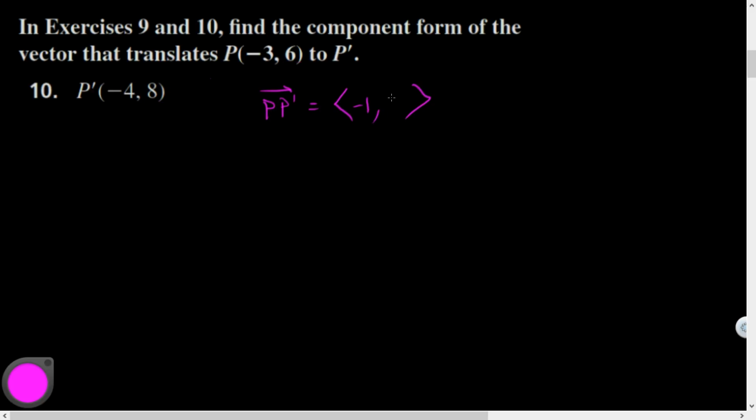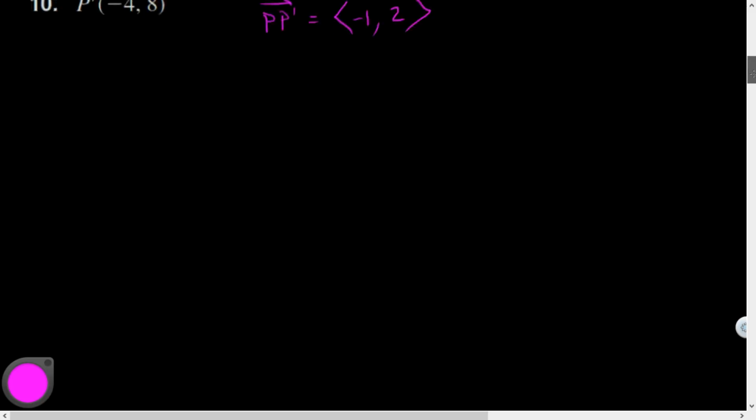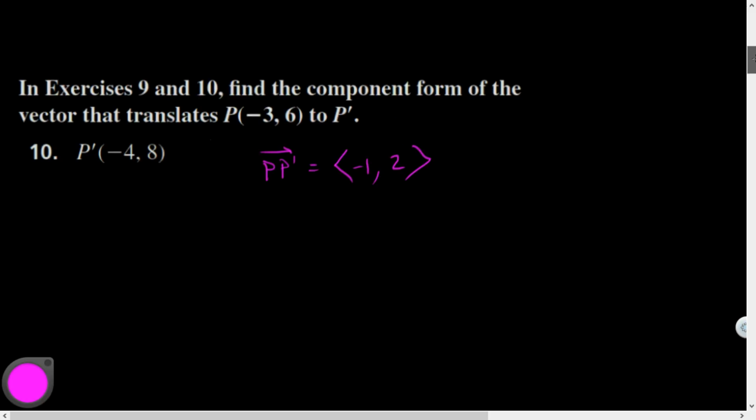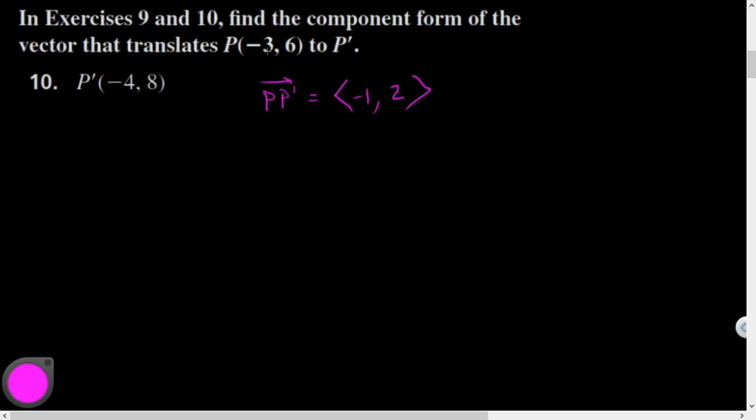So our component form vector is going to be something like that. You probably could have just had this, but I realized we had the ability to name it properly, and it deserves a name and an identity. -3 to -4 was moving to the left. It became more negative.